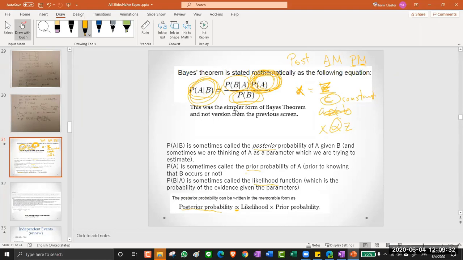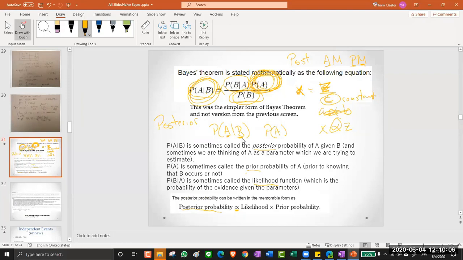Okay? So why do we call, so this is called the prior. P of A is called the prior, and P of A given B is called the posterior. So why is it called the posterior? Because it's A given B. After being given B, what's the probability of A?